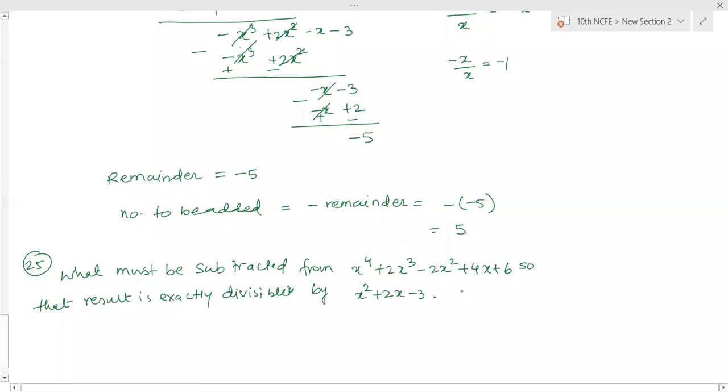Ma'am, this is exercise 2D only, no? Yeah, 2D. Remaining 3 questions.